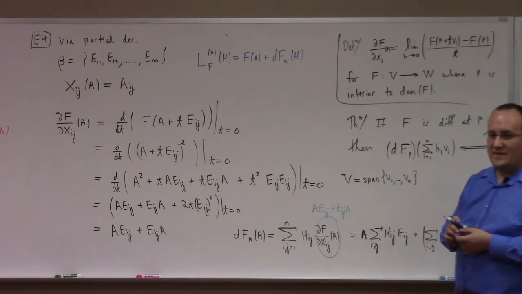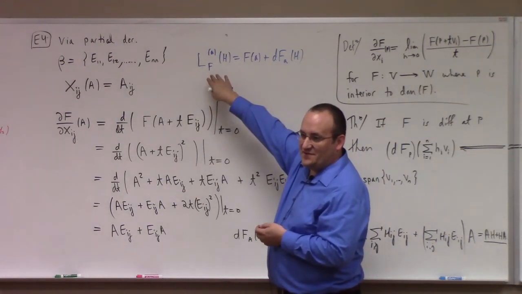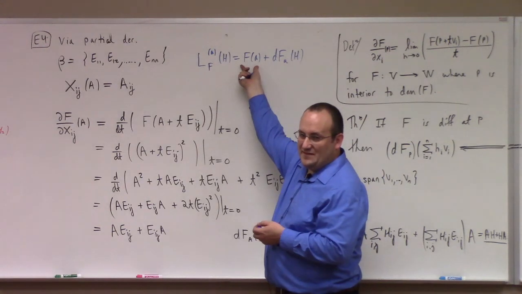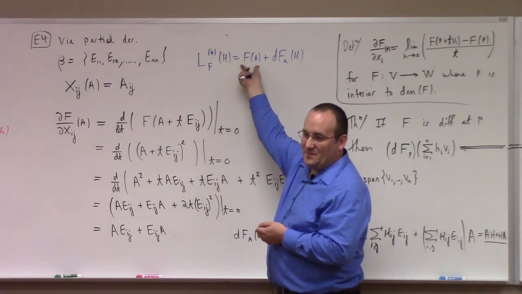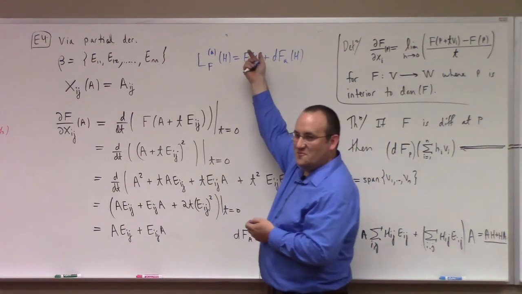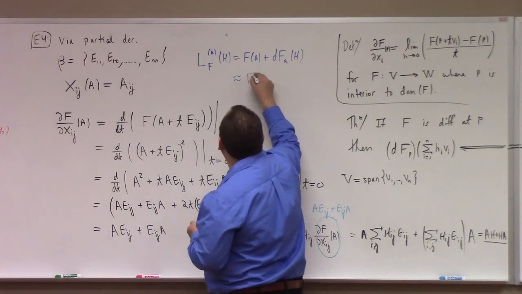This is not linear, it's unfortunate. We call this the linearization of f, but it's technically not a linear transformation because it's got this piece. It's actually an affine function, so we should probably say it's the best affinization. But this is really close to f of A plus h.